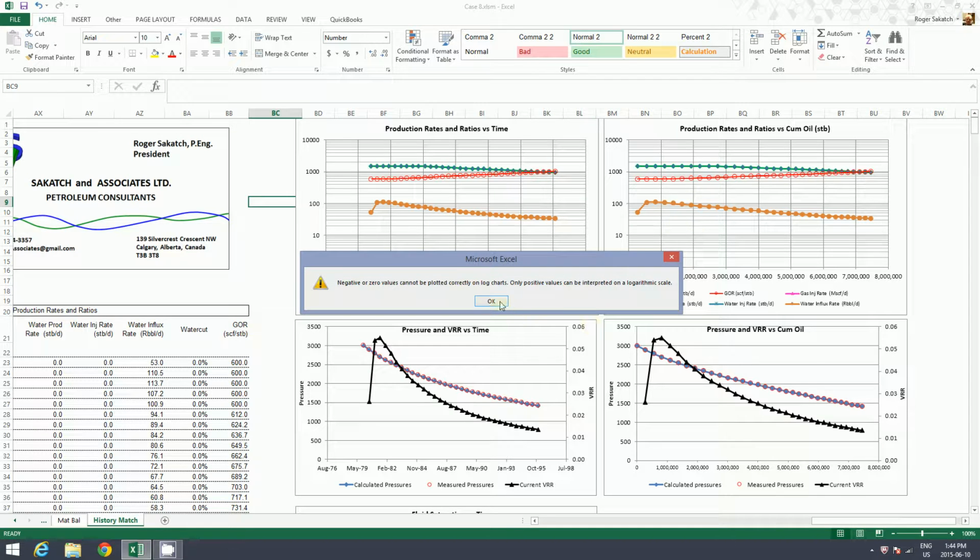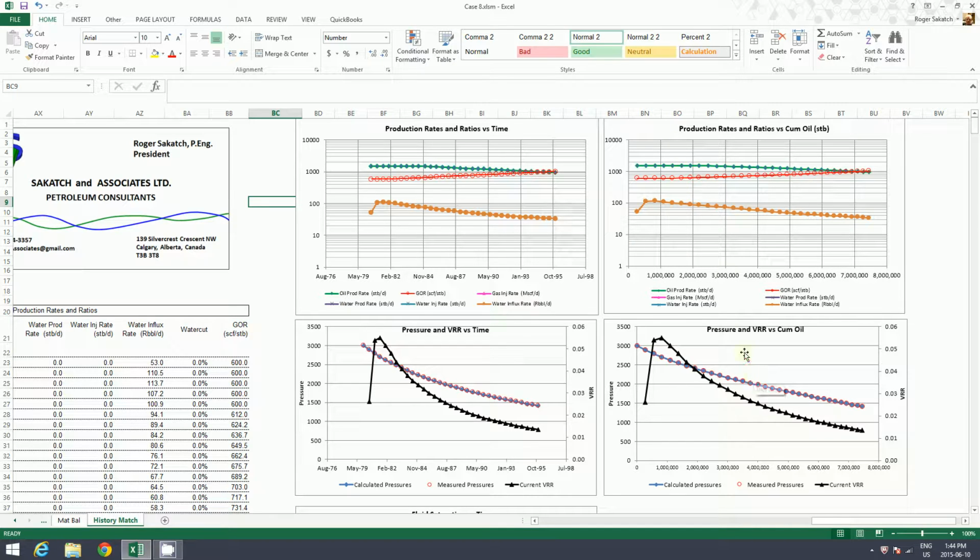This is the same data that is shown over here, but it's shown relative to cumulative oil production rather than time. The thing that we have in addition to the produced volumes are estimates of the aquifer influx rates, and that is shown here. Now, this is a linear aquifer that's not particularly of high quality.